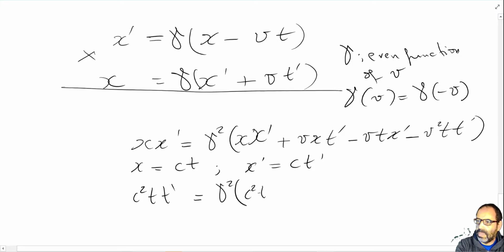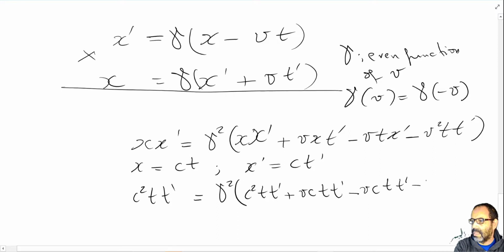So that's c squared times t prime plus v times x. x is ct, so it's going to be plus vc t prime minus vt times x prime. x prime is ct prime, so it's going to be minus v times c times t prime minus, that doesn't change, t prime, v squared t prime. Well, these two quantities are clearly the same thing.